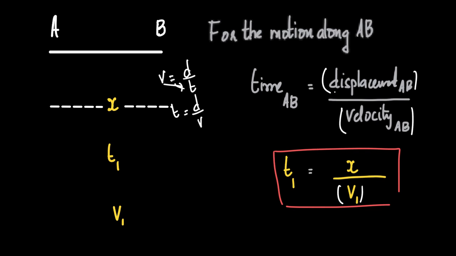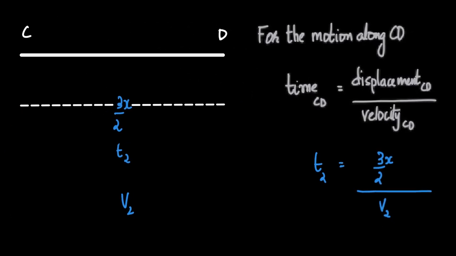Okay. Now for the motion along CD, which is the second path, 3 by 2x, t2 and v2, the time to cover CD is equal to displacement CD by velocity to cover CD, which is 3 by 2x by v2. So t2 here is 3 by 2x by v2. Right?